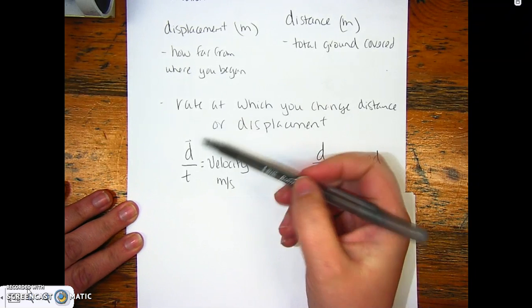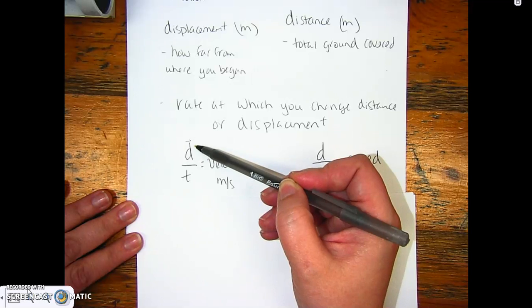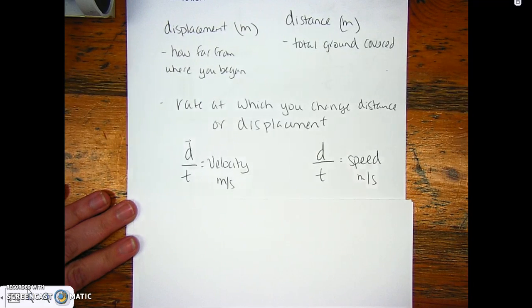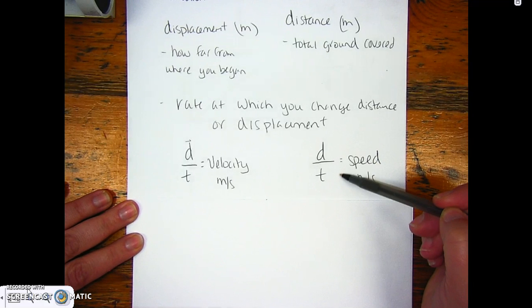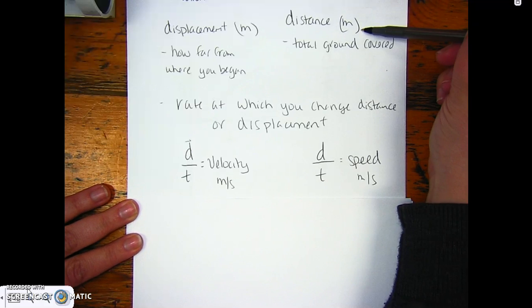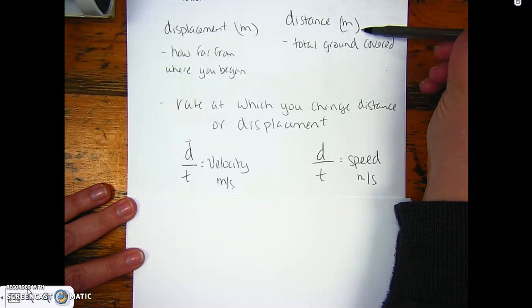So velocity would be your displacement over time. There's a little arrow here because a lot of times when you see equations, if there's an arrow, it just indicates to you that that value is a vector rather than a scalar. And over here, we have speed, which is just distance over time, right? And the units for each one of these are meters per second, because the SI unit for either distance or displacement is meters. And so if it's the rate at which, we would have meters per second.